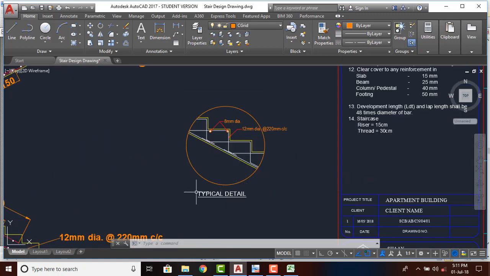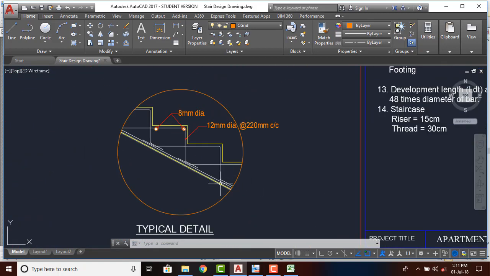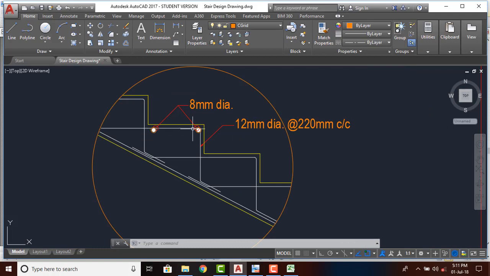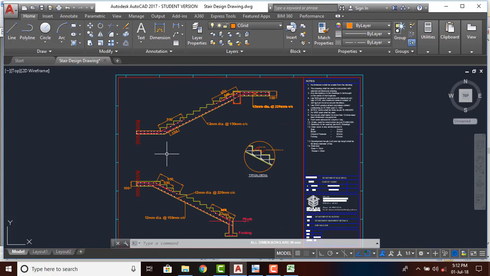And if you take a typical detailing of this staircase step only, you can see that we have to give a detailing as per this, that is 12 mm dia at 220 mm center to center spacing, and 2 8 mm dia bars if we give in these steps it will be better. Usually this detailing or reinforcement is not provided in the steps, but if we provide then it will be better. So this is how we prepare a typical detailing of the staircase.